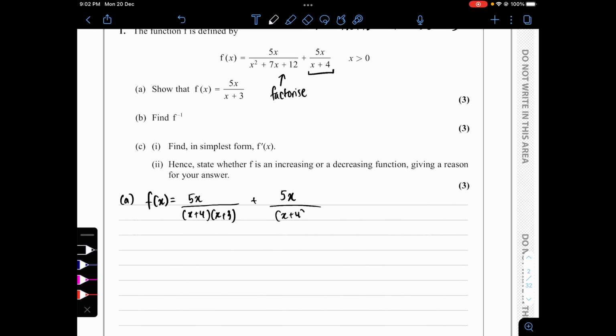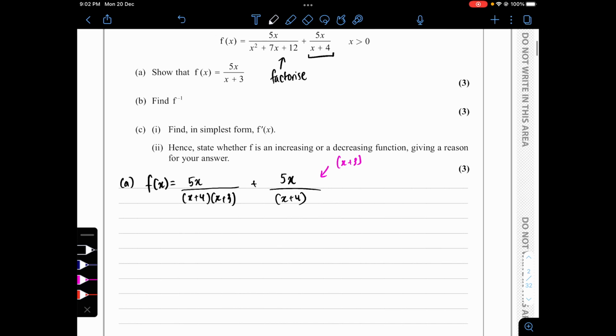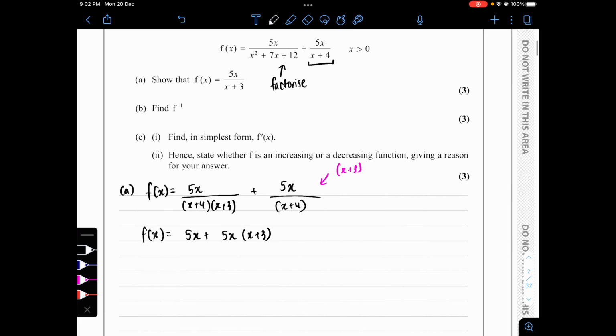So now we want to make the common denominator, so we have to times this term by x plus 3, both bottom and top. So that will result in f of x equals 5x plus 5x times x plus 3, all over x plus 4, x plus 3.